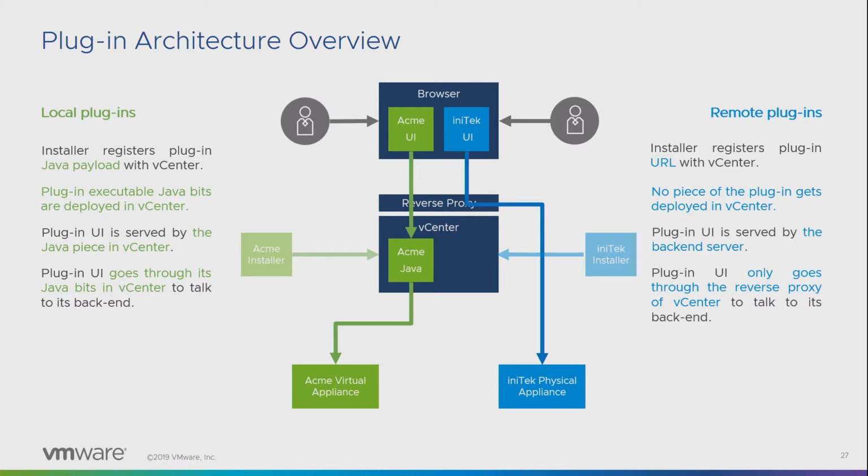So you have to upgrade all these solutions first, and then you upgrade vCenter. With remote plugins, this is not necessary. So VMware Cloud on AWS, which currently updates quite frequently, doesn't have to wait for all the partners to catch up.